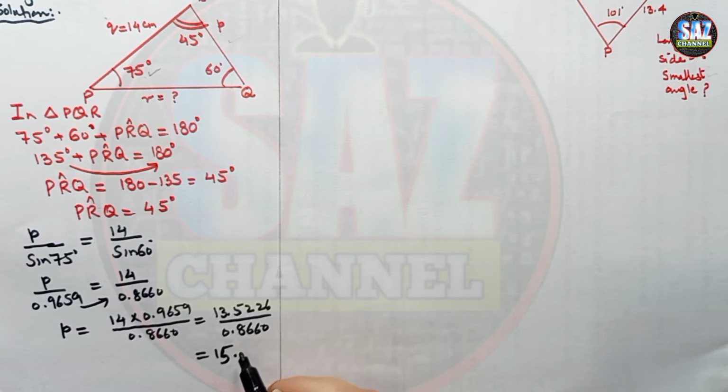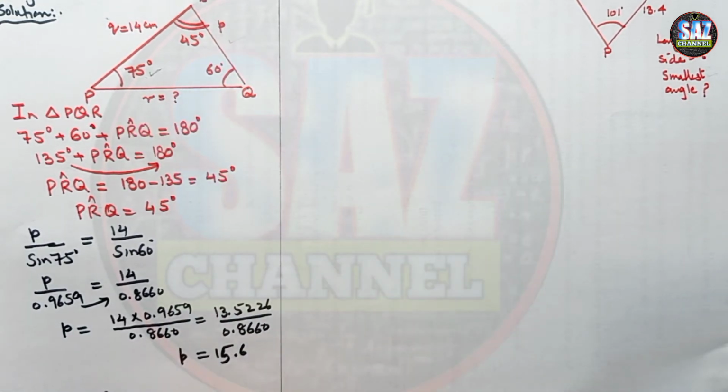So 15.6 is equal to p, and p has the other name RQ. RQ equals 15.6 centimeters, which is the length of the longest side.